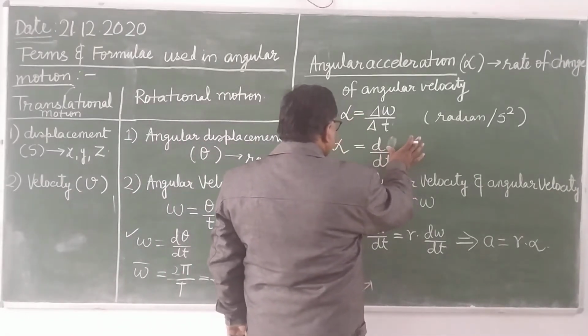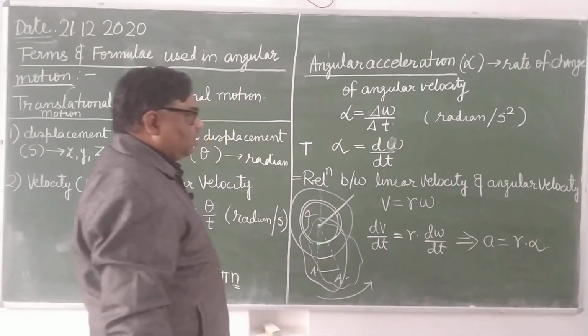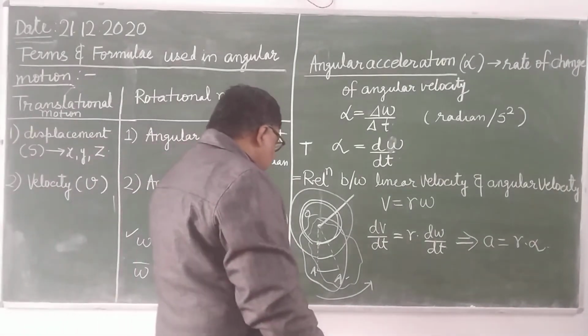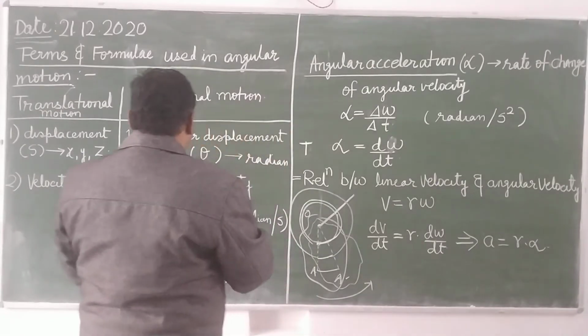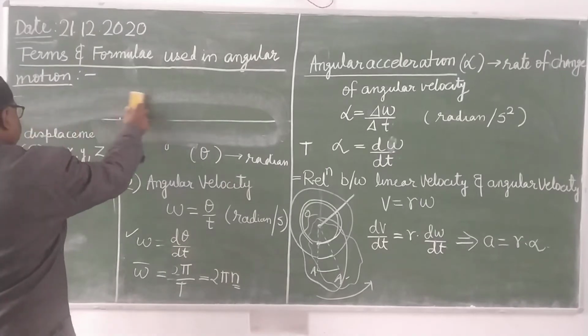In calculus we write it as d omega upon dt.